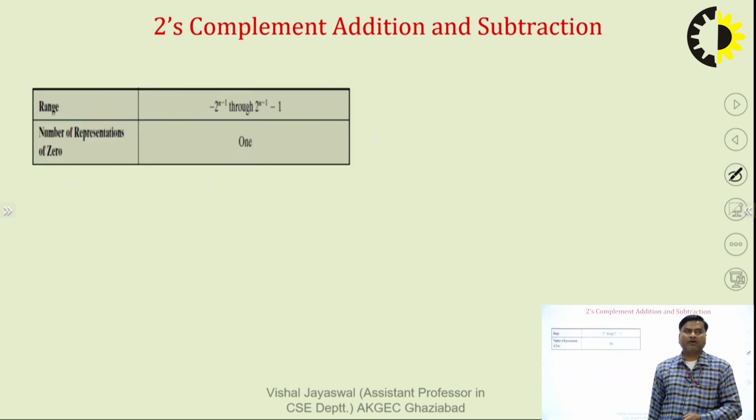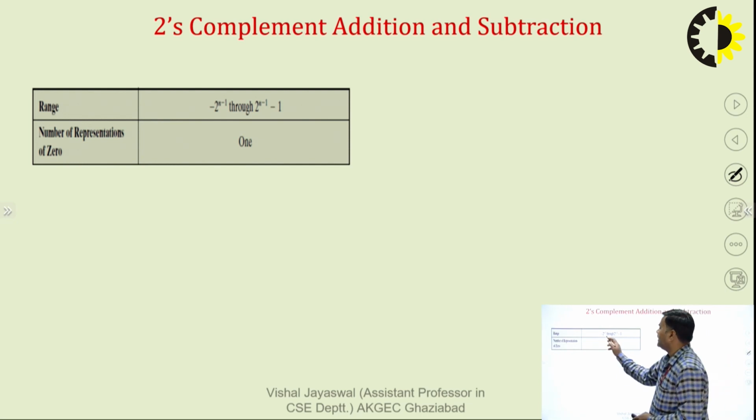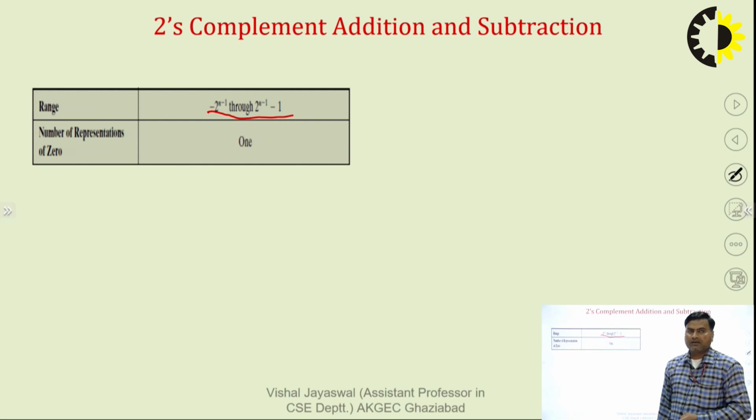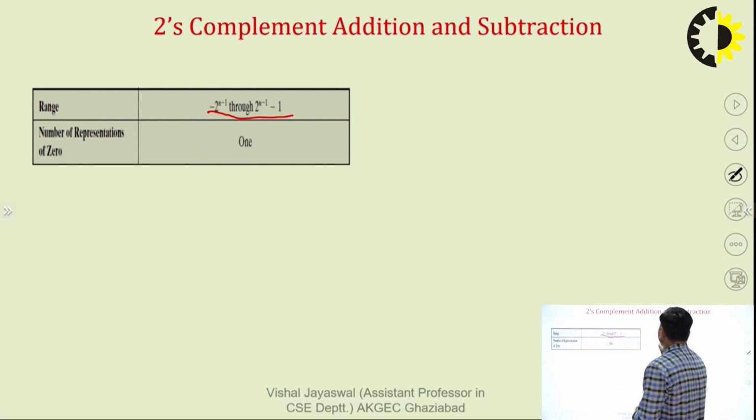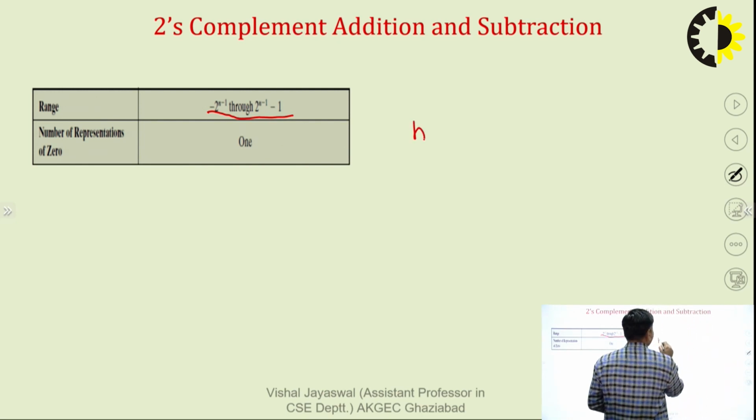This is the range for 2's complement numbers, that is minus 2 to the power n minus 1 through 2 to the power n minus 1, minus 1. Here the value of n is 4.